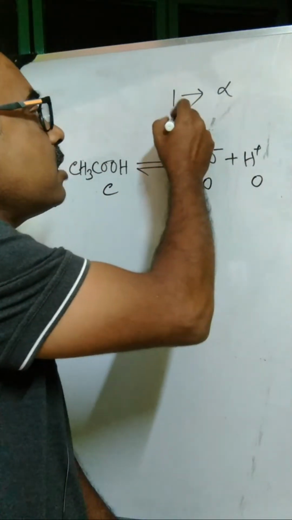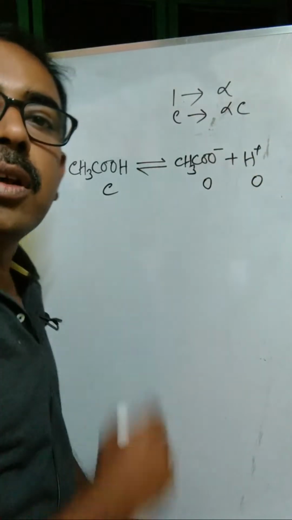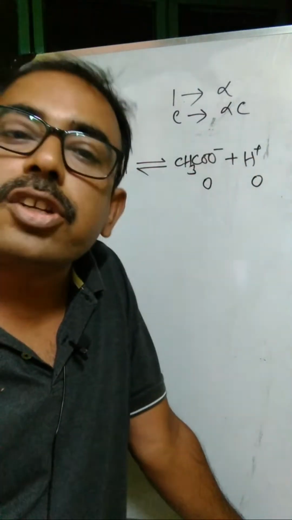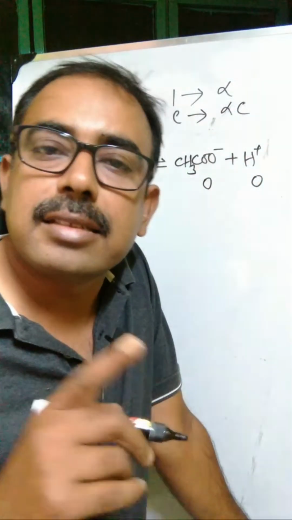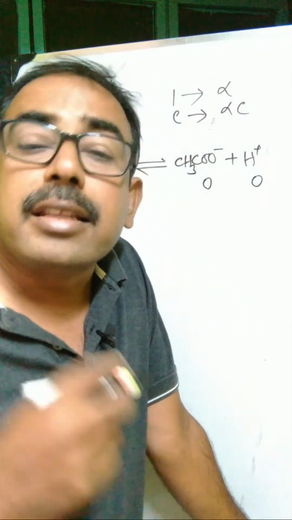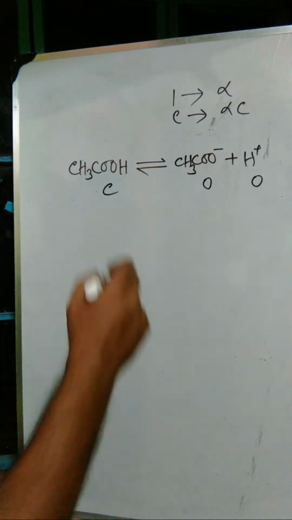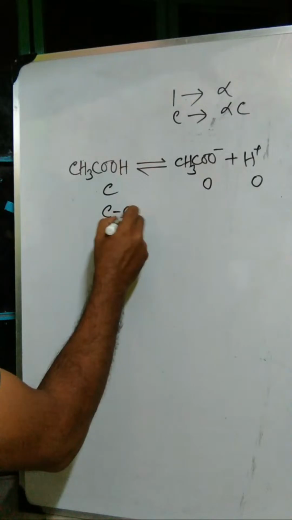Therefore, from C moles per liter concentration, the dissociation will be alpha C. So if the initial concentration of acetic acid is C, the concentration that is dissociated is C alpha. So the remaining concentration is C minus C alpha.